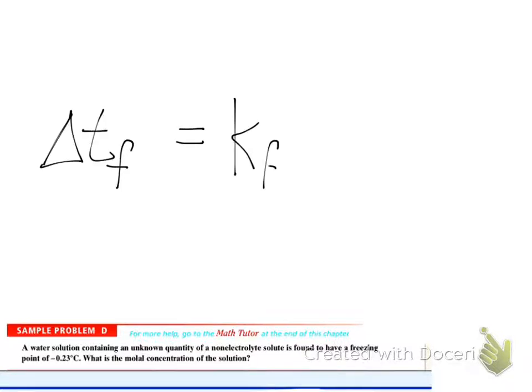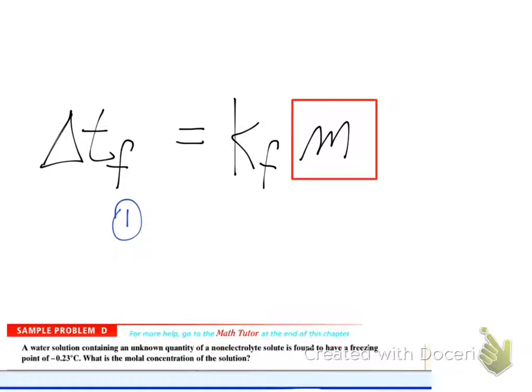Now, I told you from the beginning of the year, 90% of the formulas that you have to work with in chemistry are 3 variable equations, and that's true of the freezing point depression formula. So what we want to do first is take that formula, change in TF equals KF times the molality of the solution, and then write out our given information.